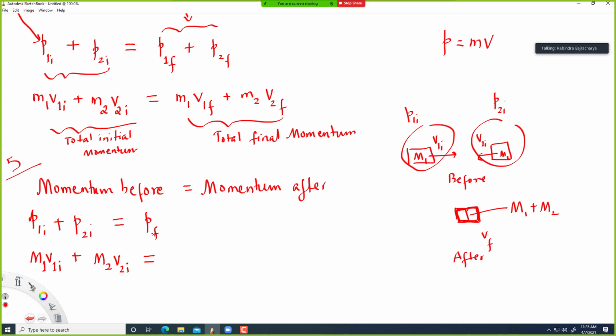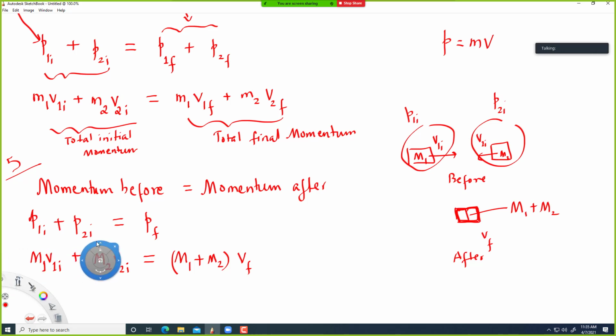Here, momentum is mass times velocity, so mass here is combined mass, m1 plus m2, and then velocity is v final. I don't need to write subscript 1 and 2 here because it's a single system, a single combined object. So it's a common velocity for both the objects.